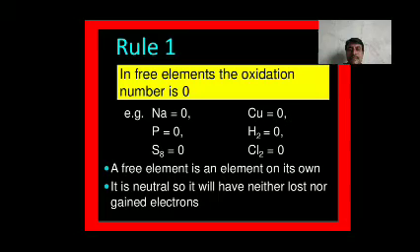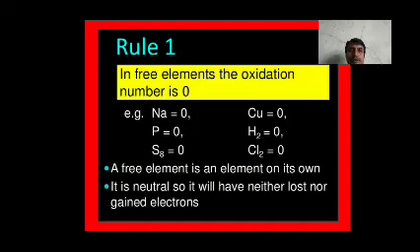When the same atoms are combined together, the oxidation number of the atoms is 0. For example, hydrogen molecule, oxygen molecule, nitrogen molecule, fluorine molecule, iodine molecule, S8 molecule.